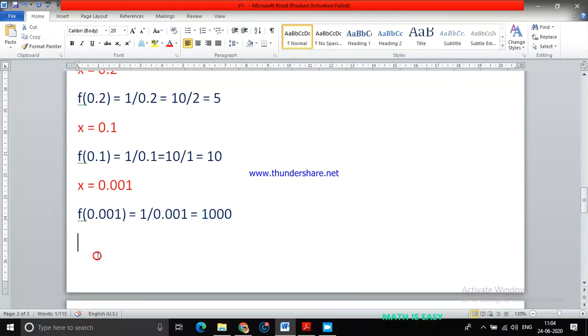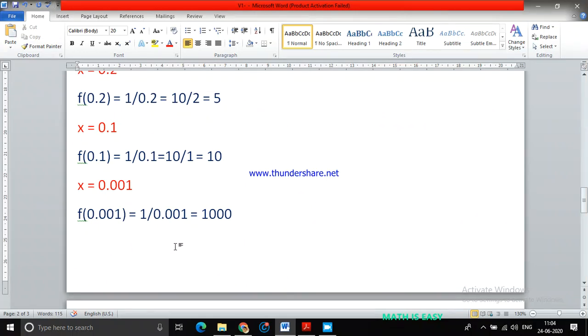If I take numbers much closer to 0, for example f of 0.000000001, then f of that x value is going to be some 10 lakh. That means as you are moving closer and closer to 0, your f of x values are getting bigger and bigger, towards infinity.